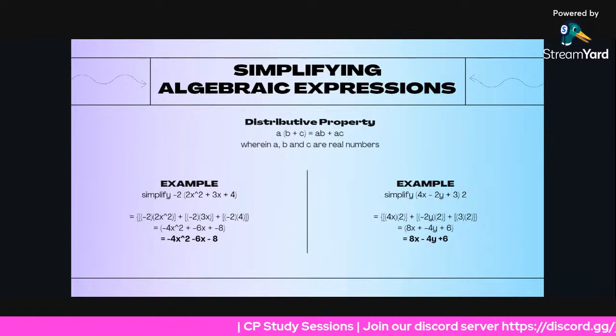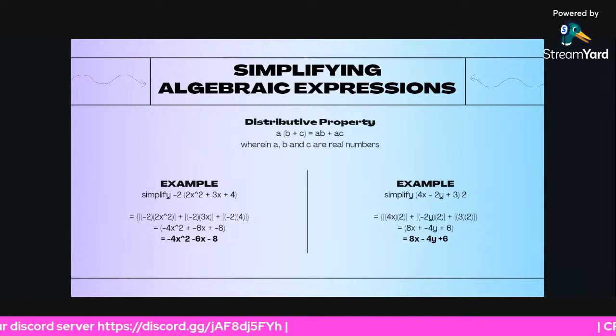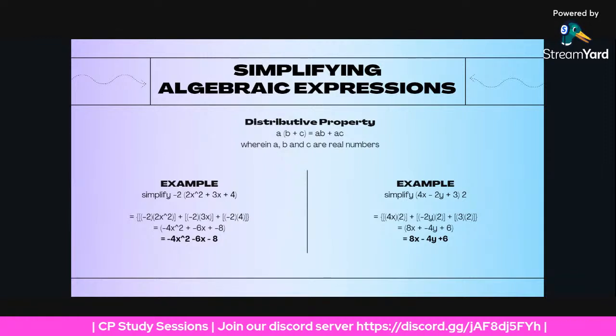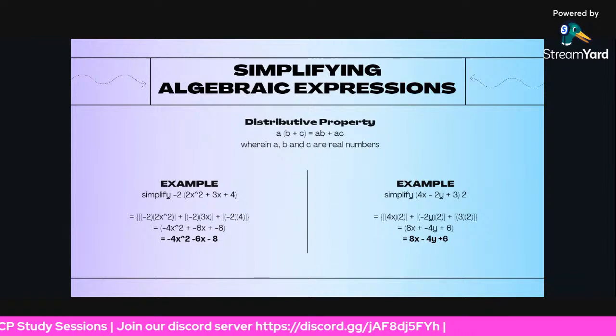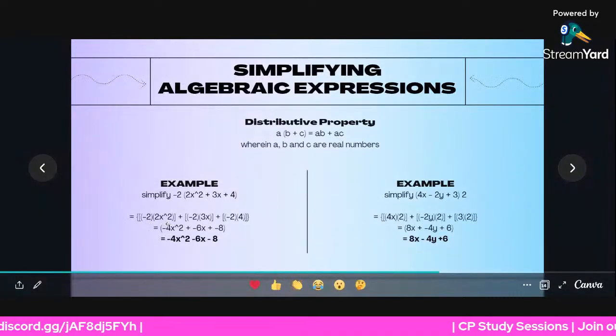So, balik tayo sa rules of integers, which was discussed sa naunang study sessions kung wala kayo. So, ang rules of multiplying and dividing integers, like signs is positive, unlike signs is negative. Kaya naging negative 4x squared yung kinalabasan nung minultiply tong dalawang to.